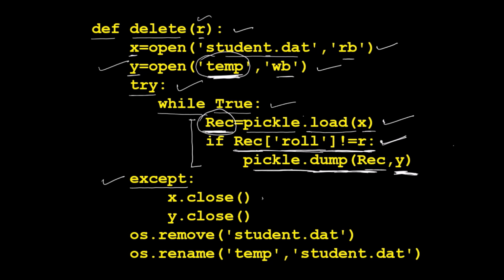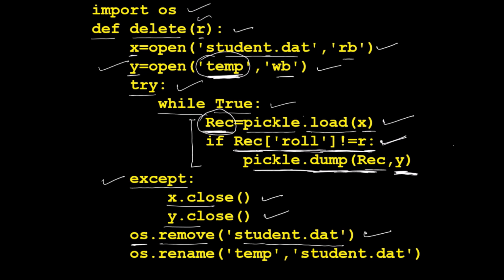So now closing both the files here in the except block as x.close and y.close, and then removing the original file, that is student.dat, using the remove method of the os module, for which you need to import the os module. So I am importing it here.